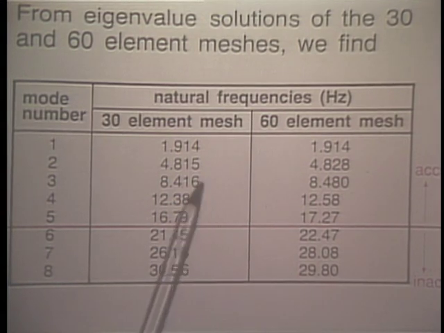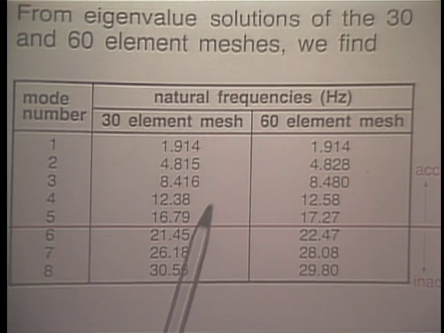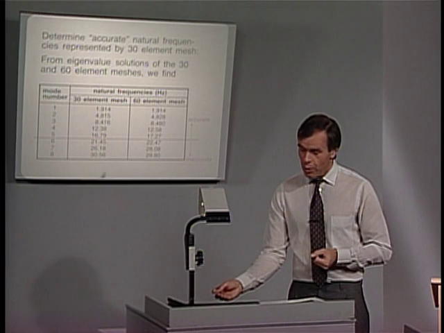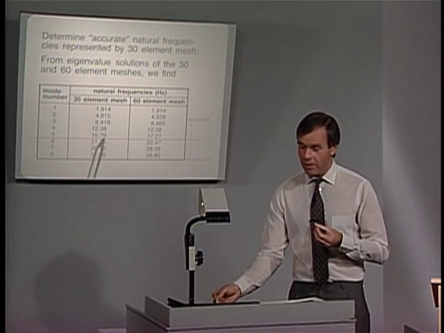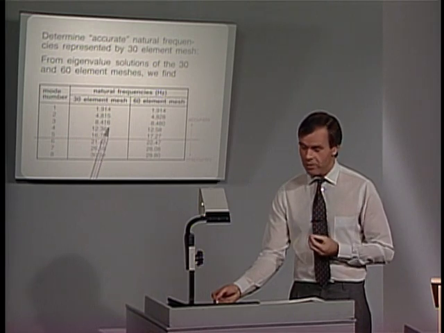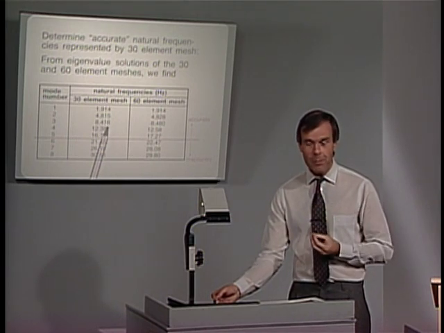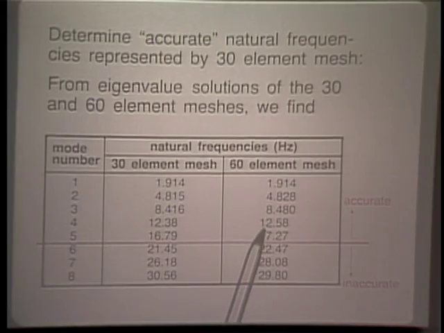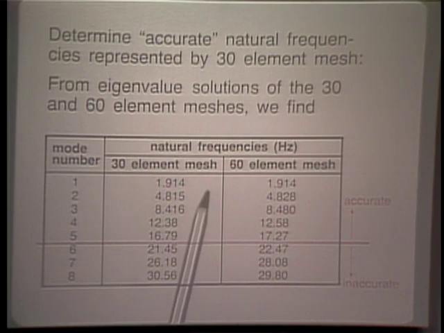So we can say that the 30-element mesh really represents the frequencies up to 17 Hz quite accurately. You should also remember, please, that since we are using a lumped mass matrix in the analysis, there is no bounding theorem saying that the frequencies of the 60-element mesh must always be below the frequencies of the 30-element mesh.